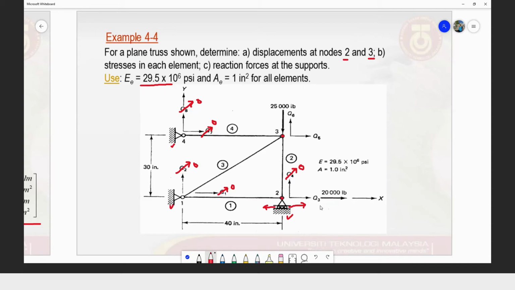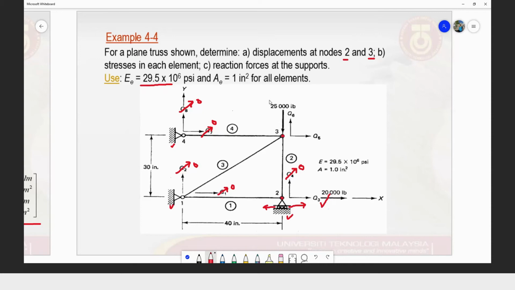So for Q3, we may have displacement later. At node number 3, we have 2 degrees of freedom as well. This point is free to move in both directions x and y, because there is no support applied at node number 3.